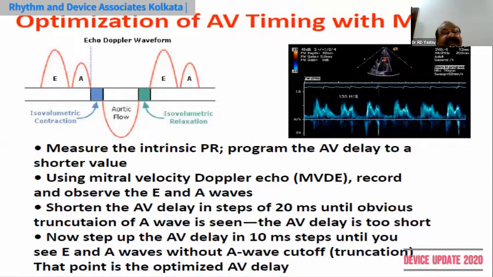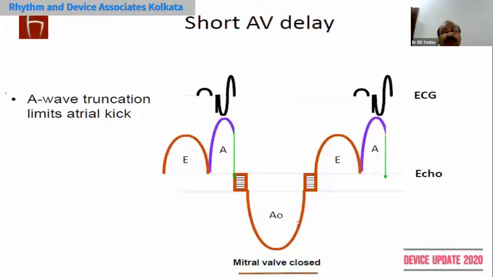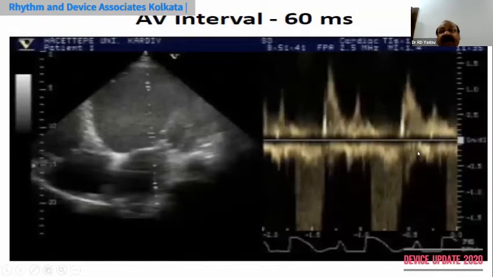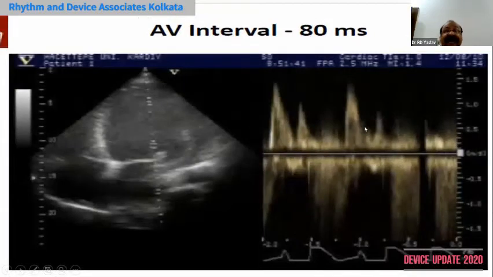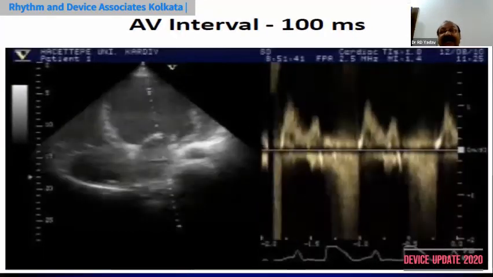That's the important point. If you do too short an AV delay, there will be truncation of both the sides. Same thing here. Here AV interval 60 milliseconds, too short, truncation occurs. If it is 80 milliseconds, although truncation occurs, not much. At 100 milliseconds, there is no truncation, better filling. And not only that, filling interval will also increase, from onset of the E wave to the end of the A wave, the filling duration is more.